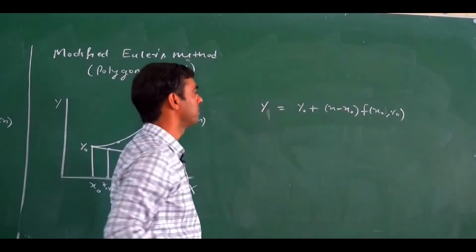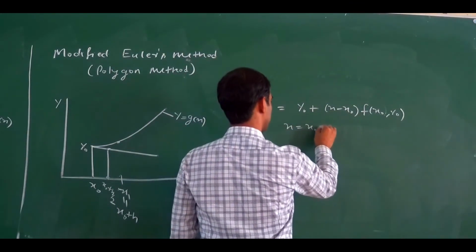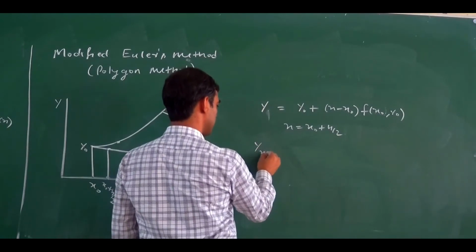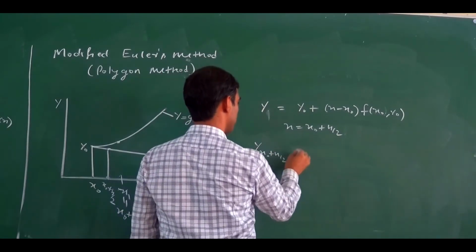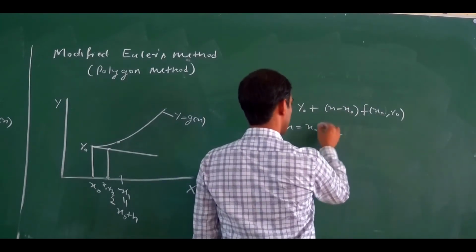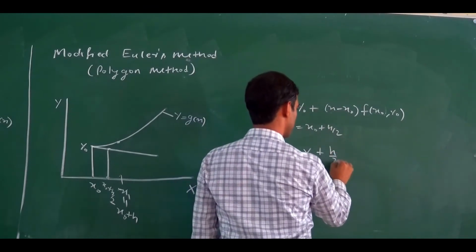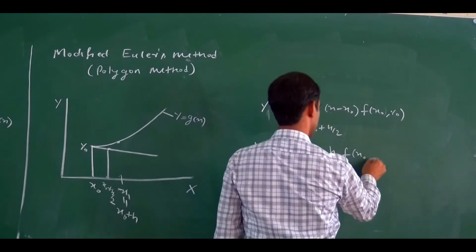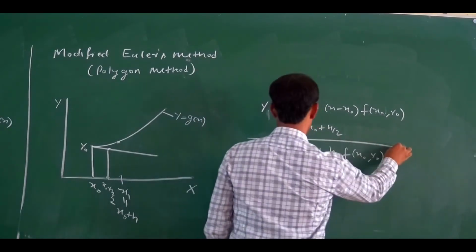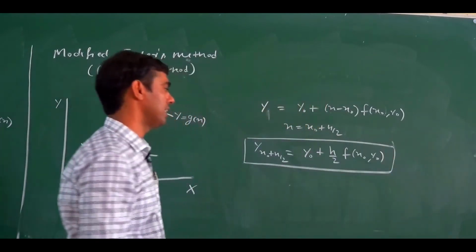Y equals this one. Now if we put x equal to x0 plus h by 2, then y at x0 plus h by 2 equals y0 plus h by 2 f of x0, y0. This one is the value for y at x0 plus h by 2.